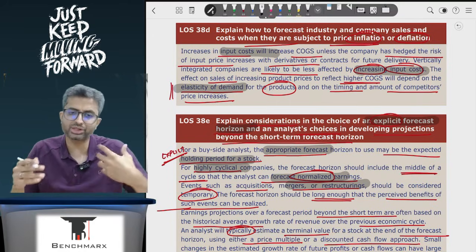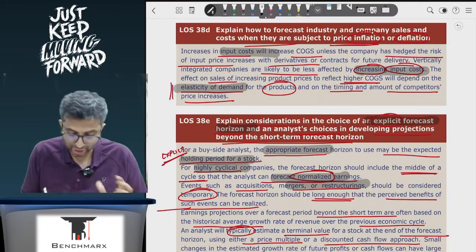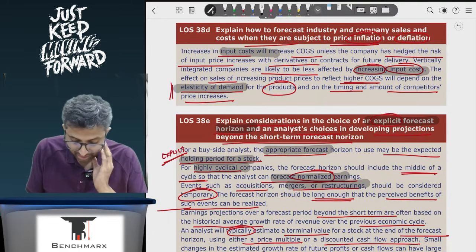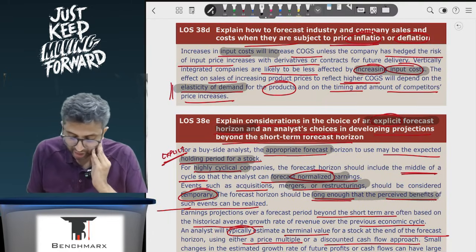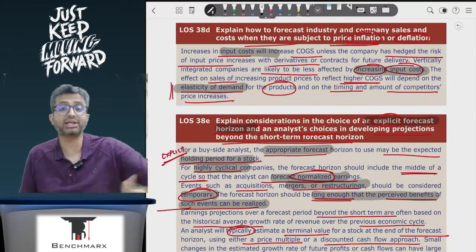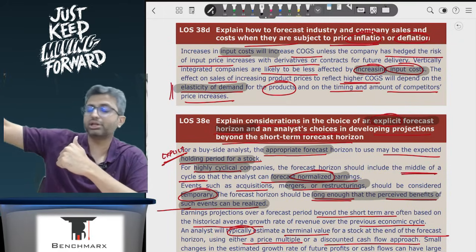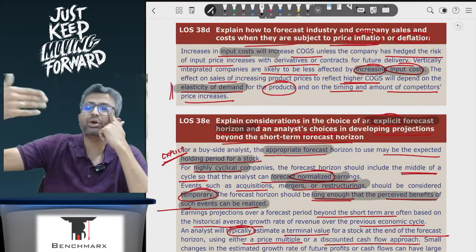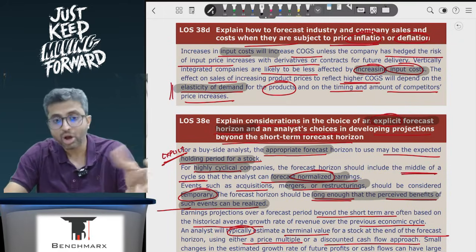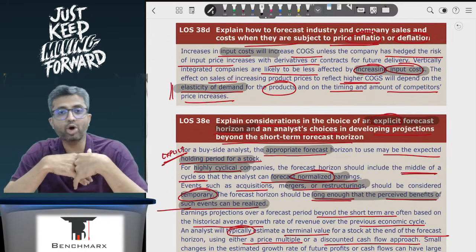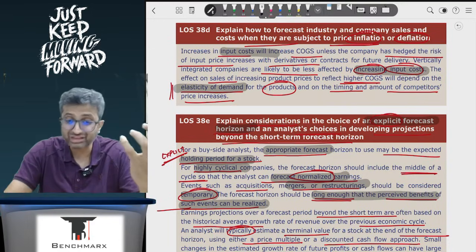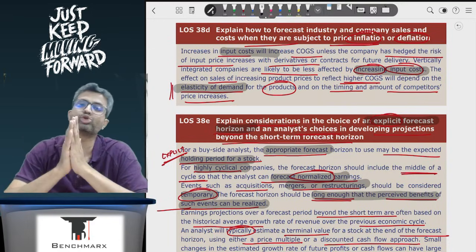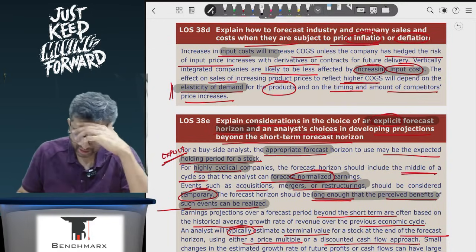You might be saying that you'll get synergies, but synergies come after 3 years, 4 years. So maybe you have taken the cost of acquisition now, but you should at least consider the benefits due to synergies, etc. So your forecasting period should be at least as long as needed to cover that.